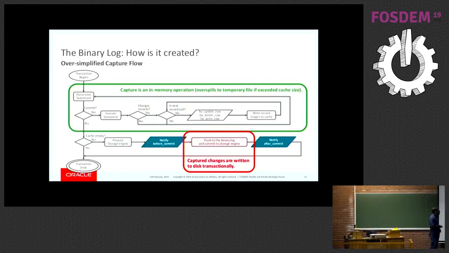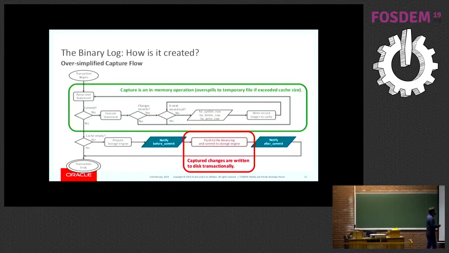At this point in time, before we flush the transaction to disk, we notify a listener for this change, group replication, and group replication takes this data and pushes it out into Paxos. By the time it gets back from Paxos, the transaction is actually committed, so we flush it to the bin log, and then we notify plugins that might be listening that they want to be notified once the transaction commits.